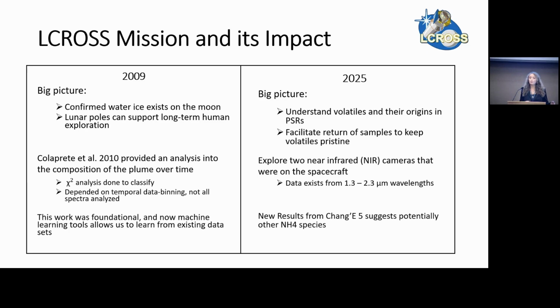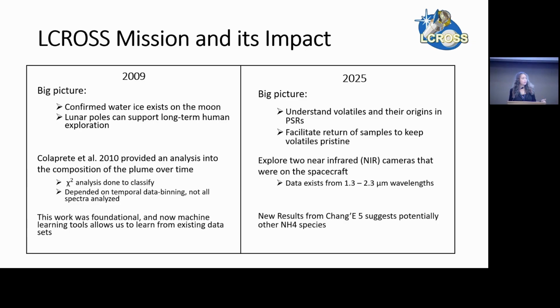Secondly, it depended on temporal data binning for the spectra analyzed. For example, a graph in the paper was 3 to 15 seconds after contact with the moon, whereas I'm going to be doing more of a holistic look at the spectra.